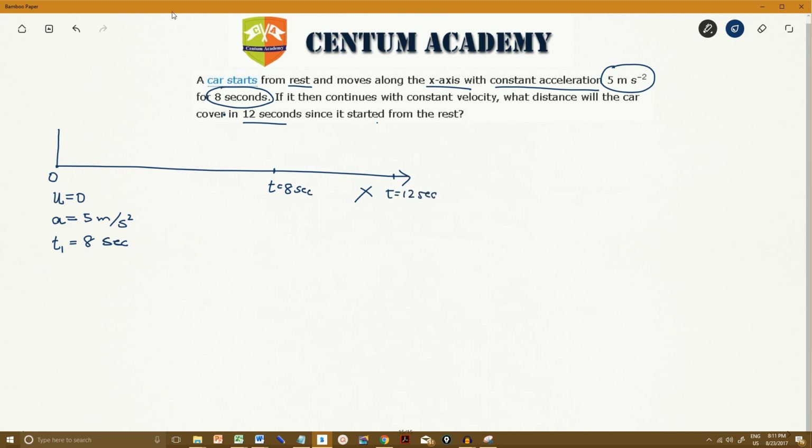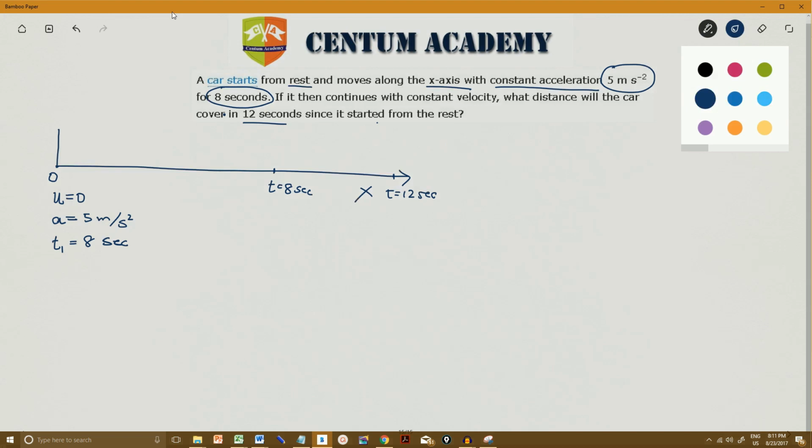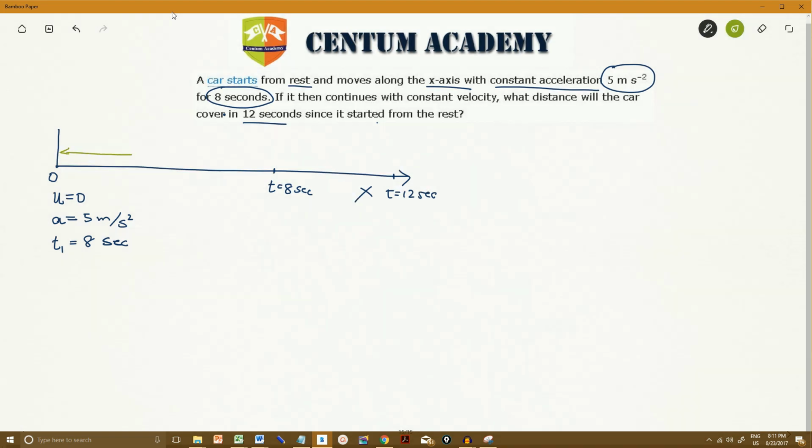In this phase, a is equal to 5 meter per second square till this point, and from here a is equal to 0. So this phase is uniform velocity, isn't it? Why? Because acceleration is 0.